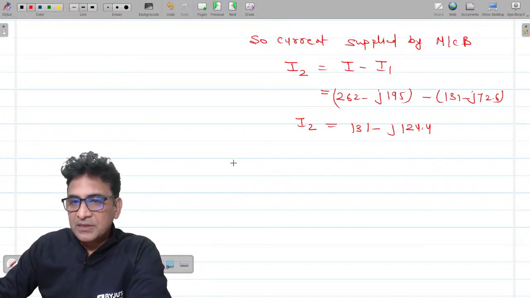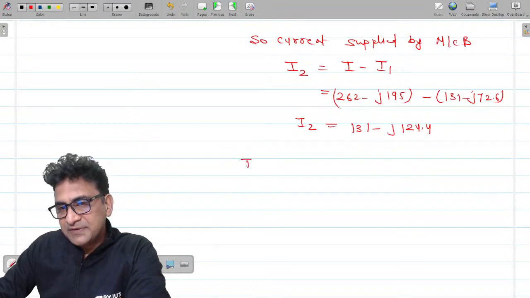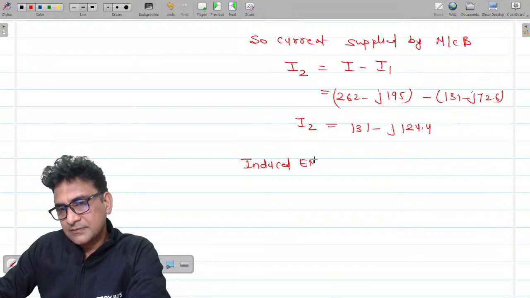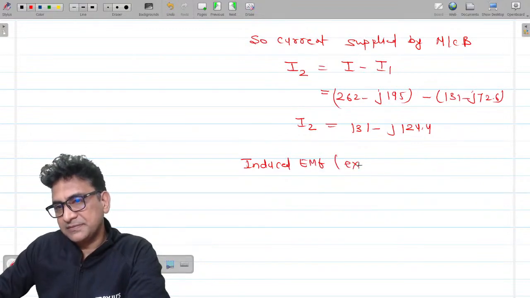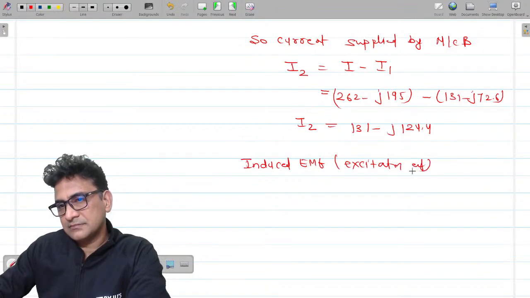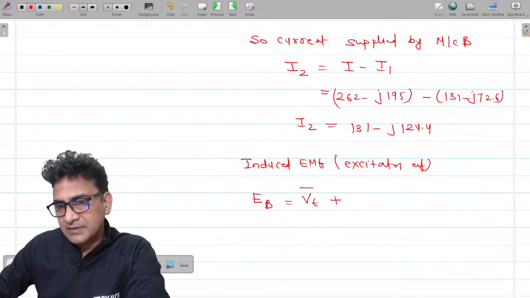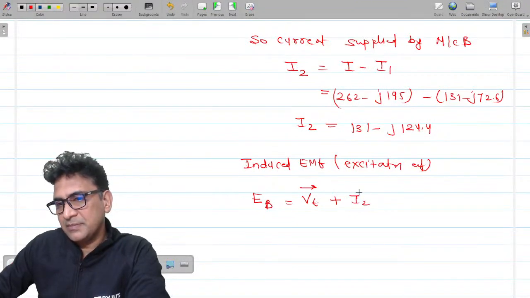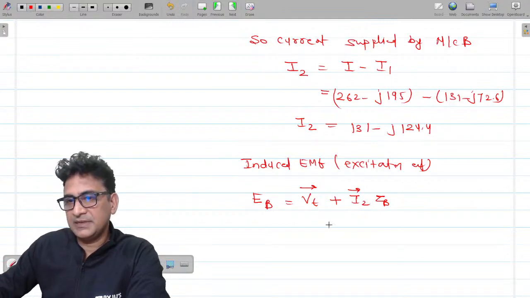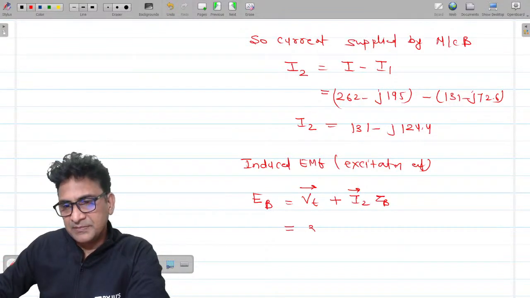Okay. Now find out the induced EMF in machine B. That is the excitation EMF, EB. It would be VT plus I2 multiplied by ZB. Terminal voltage is the same, 3810.